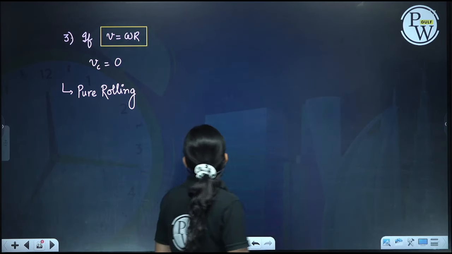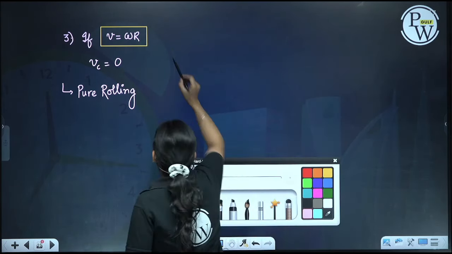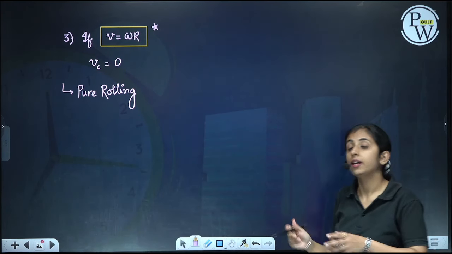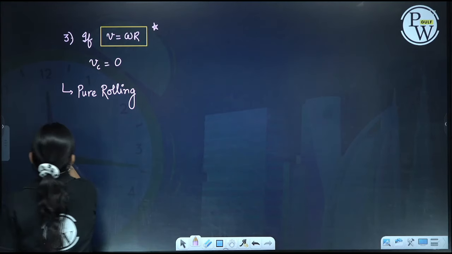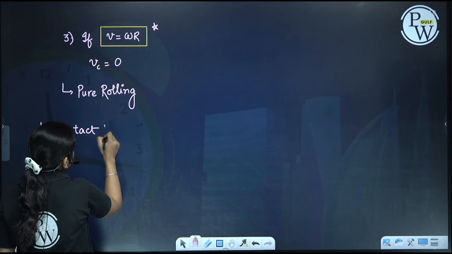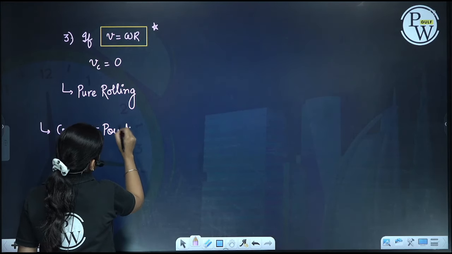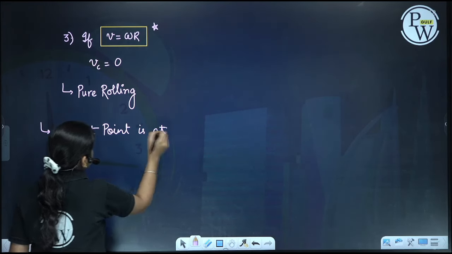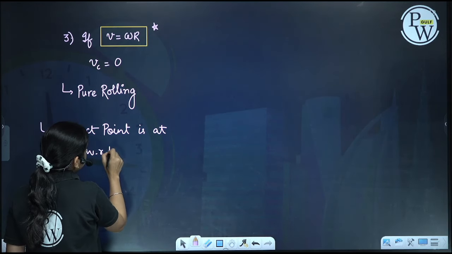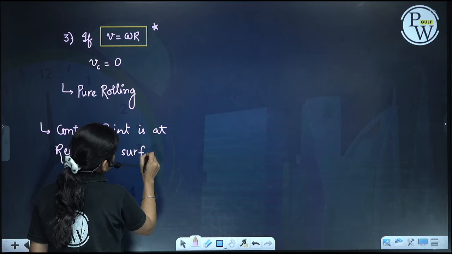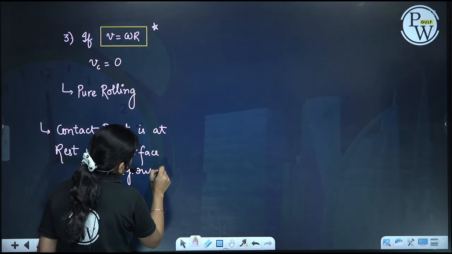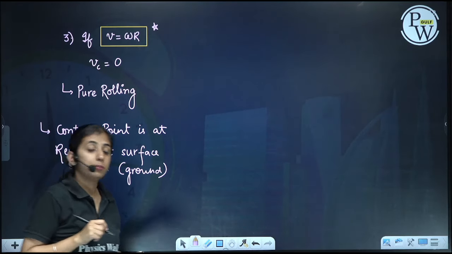Okay, v is equal to omega r, a very important condition for pure rolling. The contact point is at rest with respect to the surface or ground. Net velocity will be 0.